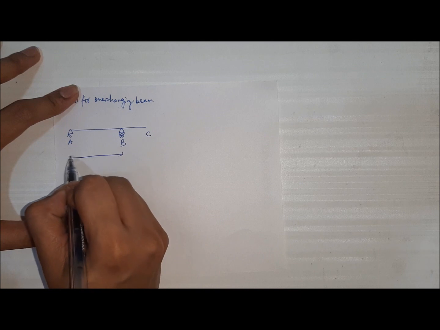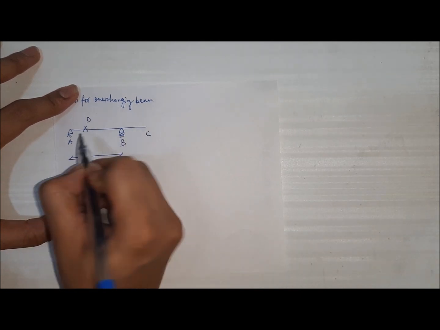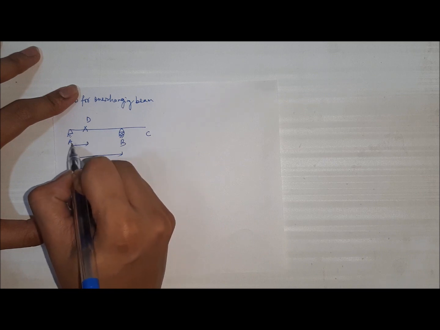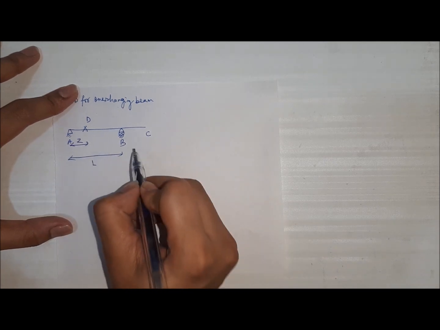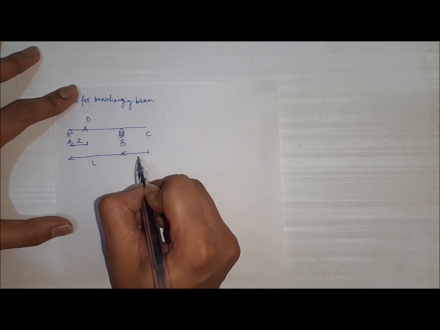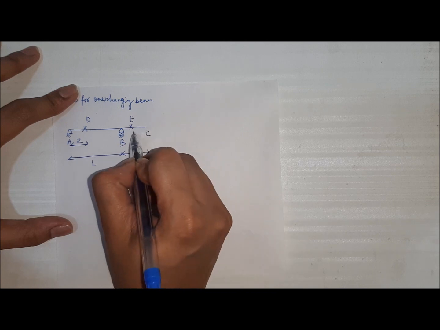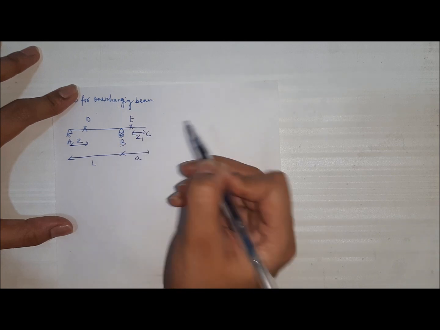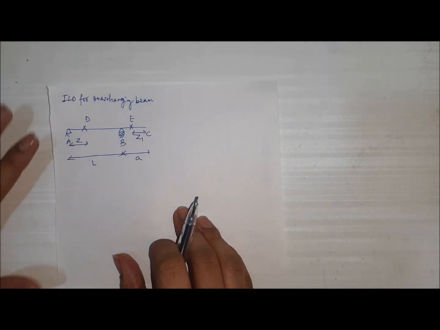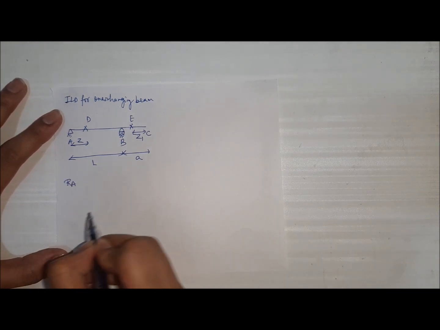The span of AB is L. We have a section D at distance Z from end A. The dimension of BC is A, and we also have another section E at distance Z1 from end C. Now for plotting the ILDs, first we have the stress resultant RA.